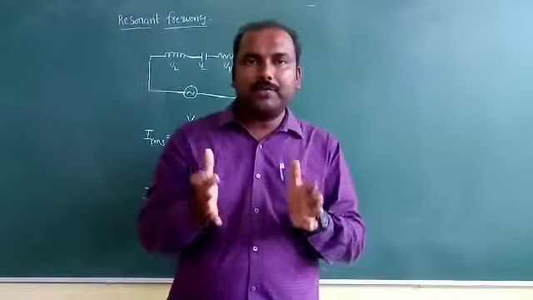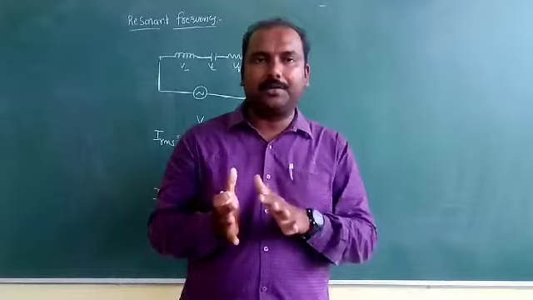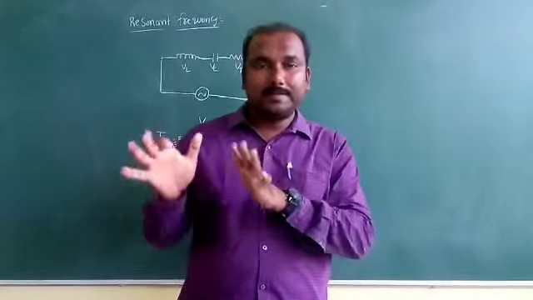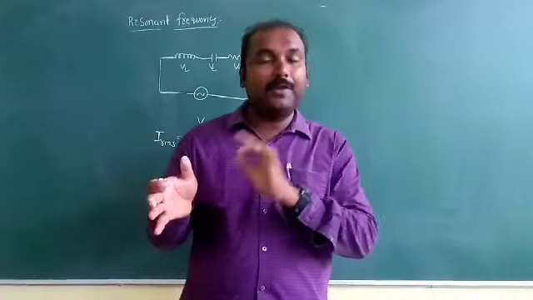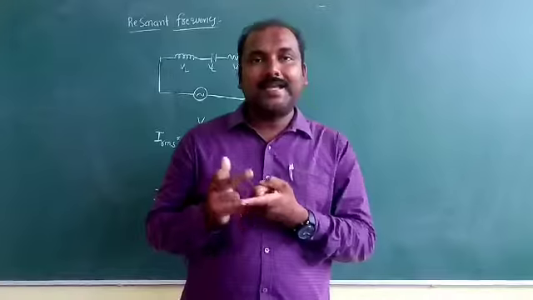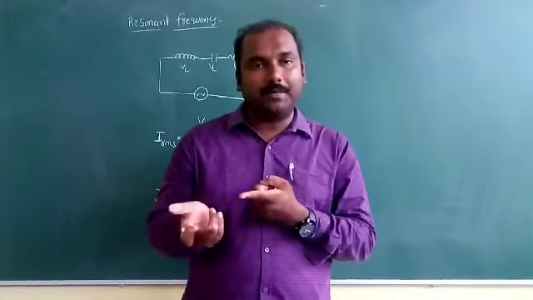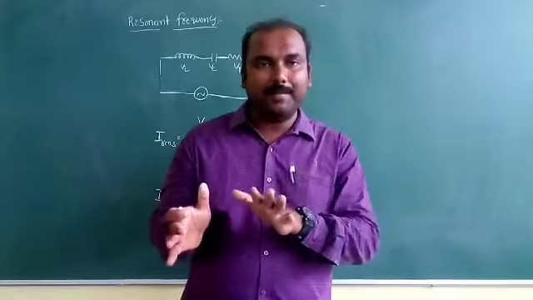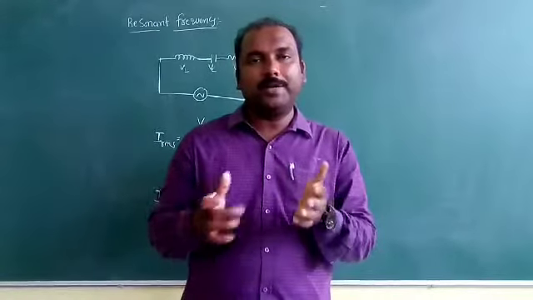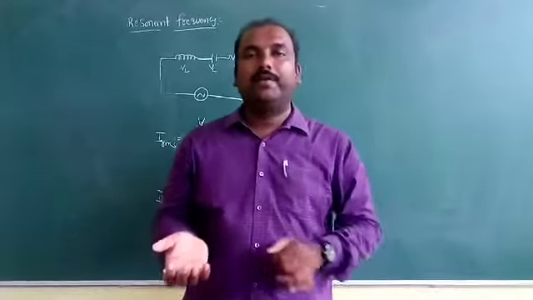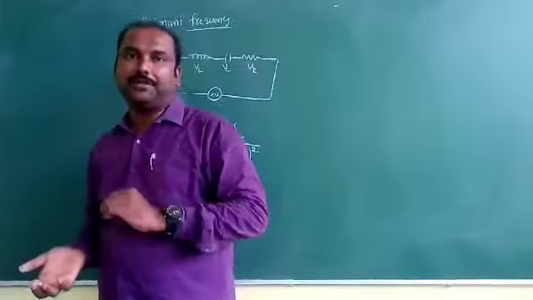We observe the maximum current in the circuit when the impedance is minimum, and the impedance is minimum if the values of XL and XC are equal. If the impedance is minimum, automatically the current in the circuit will be maximum. Such a condition we call the resonance condition.